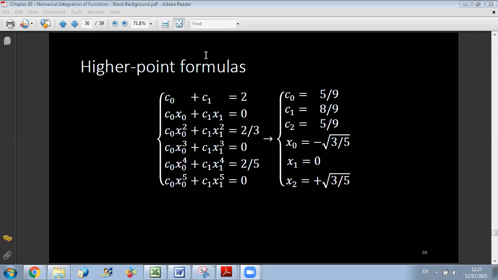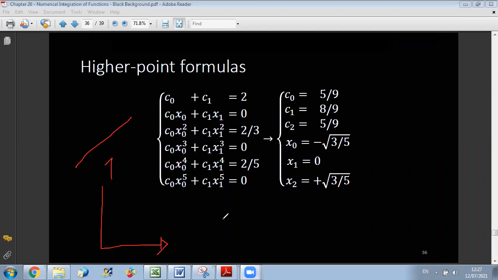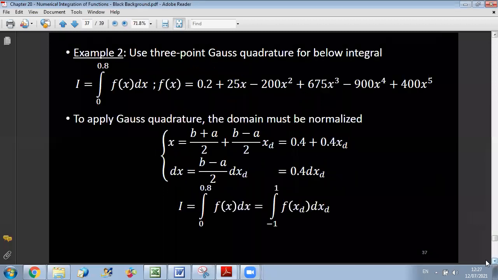What is nice here is that by selecting just 1 point more, if you have the freedom to select 3 points, you will increase your accuracy from order 1 to order 5. So now all I have to do is apply it in this problem. We will apply this method.